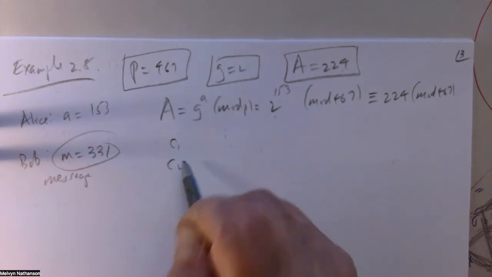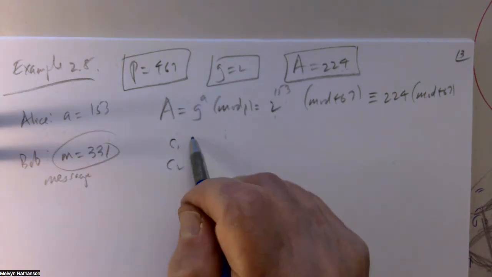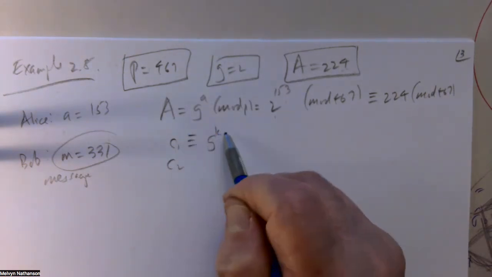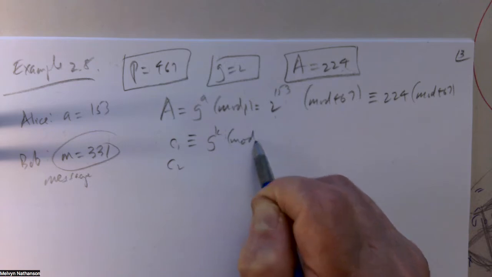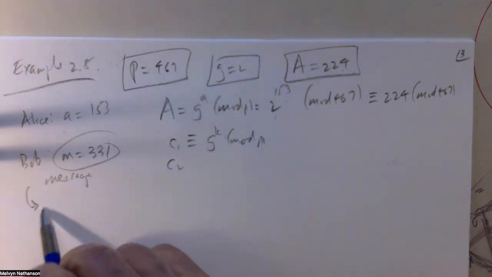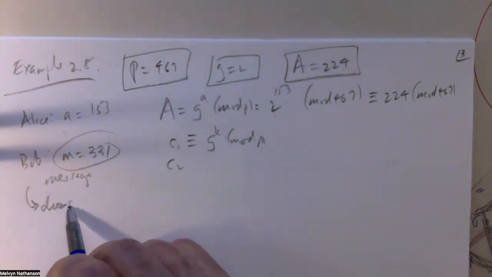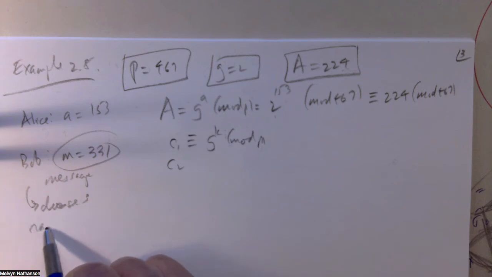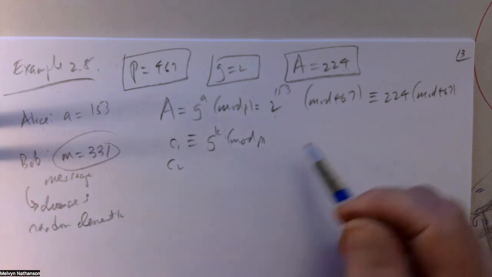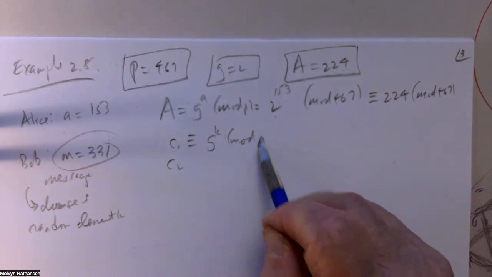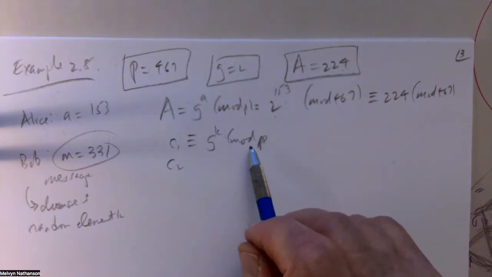He computes two numbers, C1 and C2. C1 is G to the K mod P. So Bob chooses this random element K. So he calculates G to the K mod P.